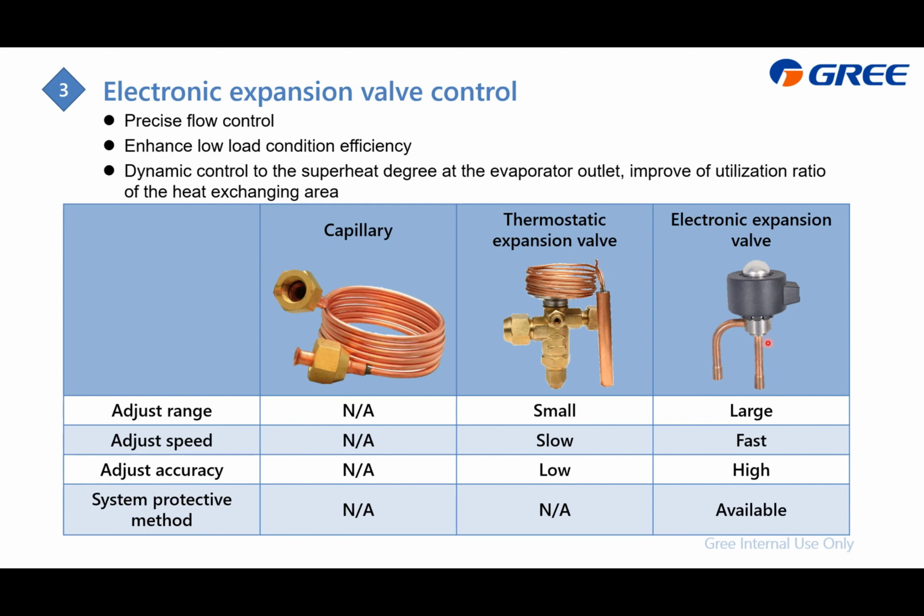You can find that this EXV is much better. We can precisely control the refrigerant flow rate, and especially in low load condition, we can raise the efficiency. We achieve this by dynamically controlling the superheat degree of the evaporator, which improves the system efficiency.